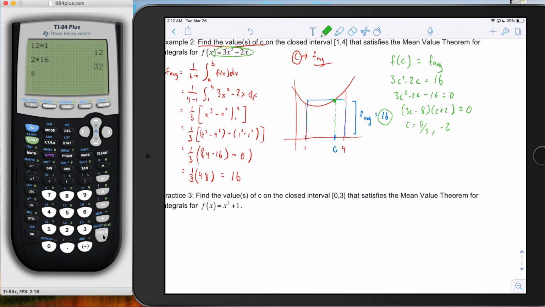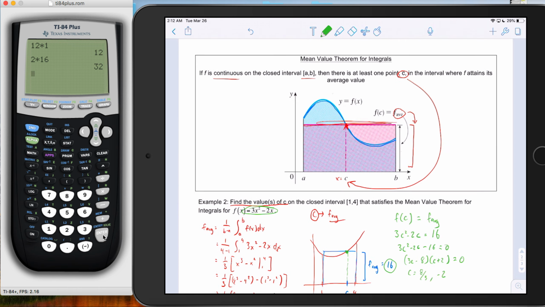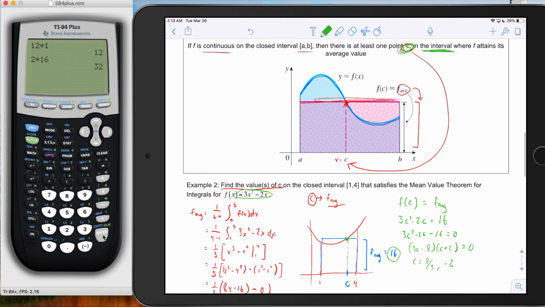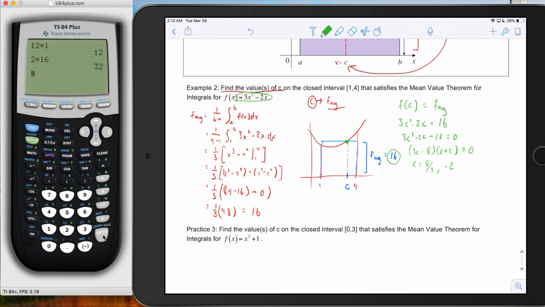Okay, so there's one problem here. Because the mean value theorem states that there must be at least one point c, we found 2, in the interval. What was the interval? The interval is 1 to 4. So we found c, that's 8/3 and negative 2, but only c equals 8/3 is in the interval and negative 2 is not.